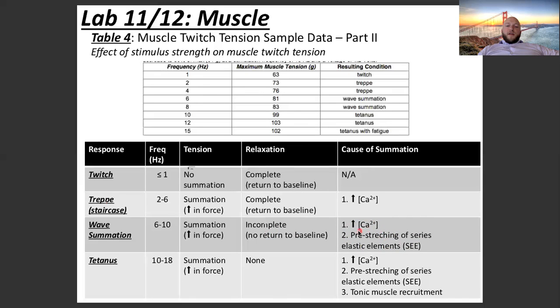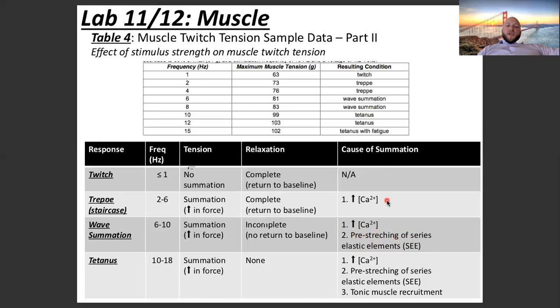Another reason why we're going to see this no return to baseline is because of the pre-stretching of series elastic elements. So there's a stretchy component to our muscle cells. And that stretchiness, it's going to be at maximum stretch the entire time.